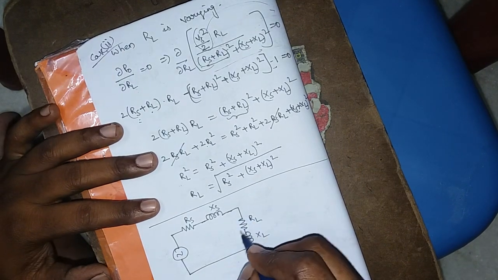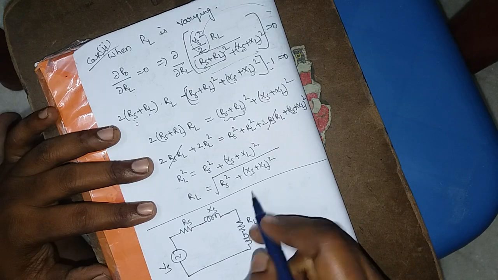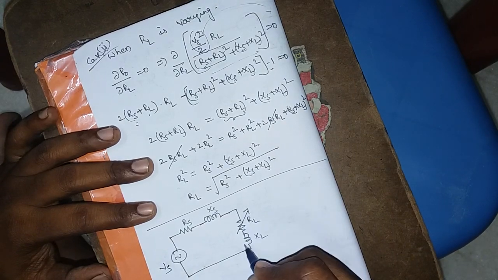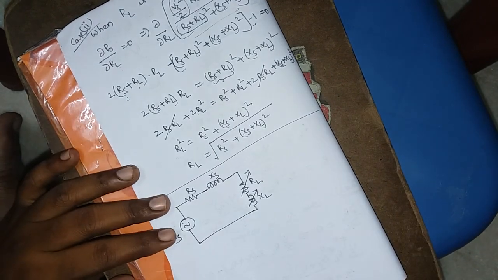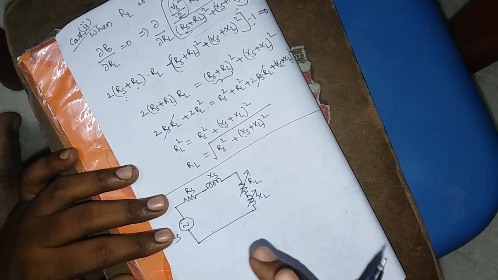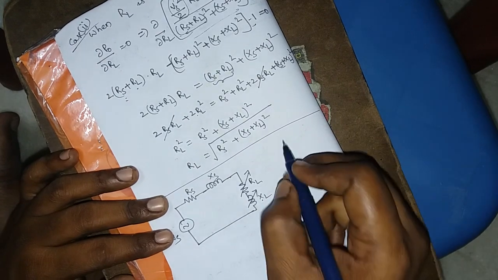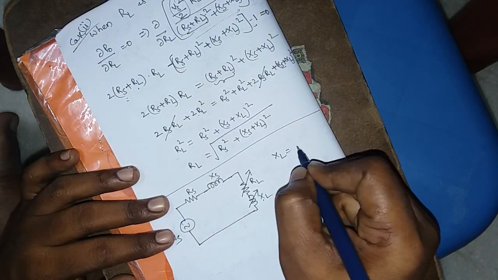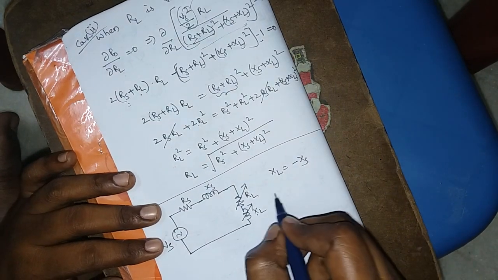So here let us assume the source voltage is Vs. Let us assume RL is varying, XL is varying. So then RL is varying, XL is varying, in the sense what is the value of XL to get the maximum power? XL is equal to minus XS. What is the value of RL?